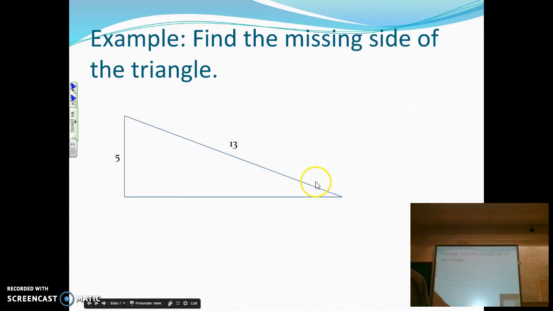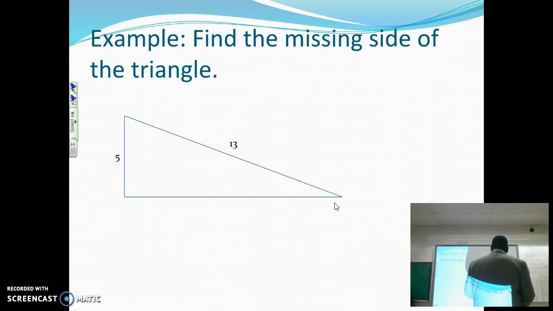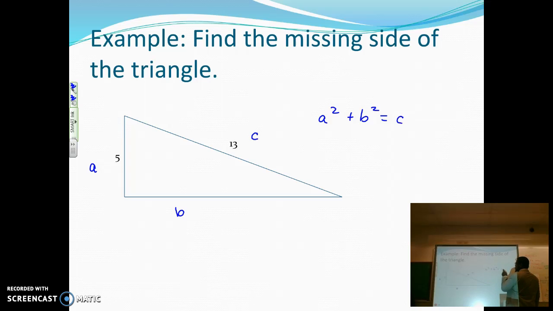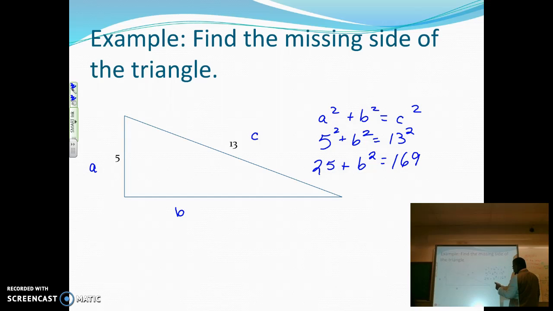Here we want to find the missing side. So notice we have 5, we have this blank side, and again our hypotenuse, which is c, is 13. So we're going to say this is a, this is b, and this is c. So we have a squared plus b squared equals c squared, giving us 5 squared plus b squared equals 13 squared. 5 squared gives us 25 plus b squared. 13 times 13 gives us 169.